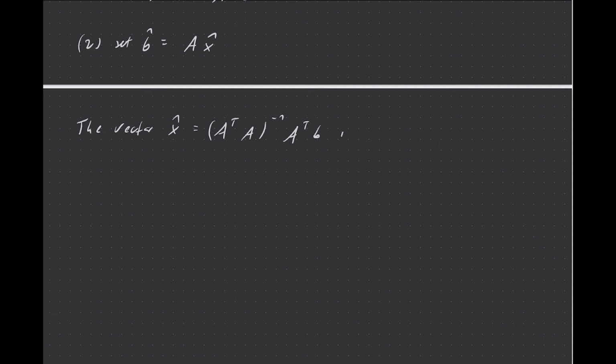So this vector is then called the least squares solution of Ax equals B, of the original system of linear equations.